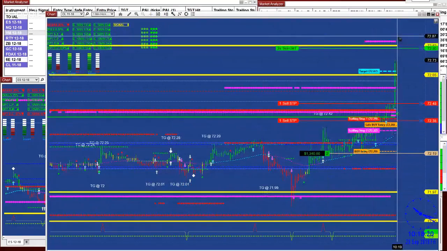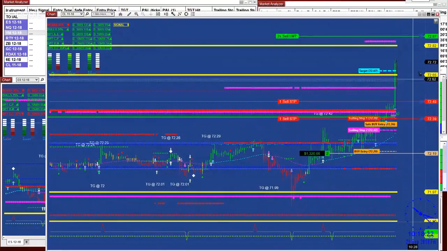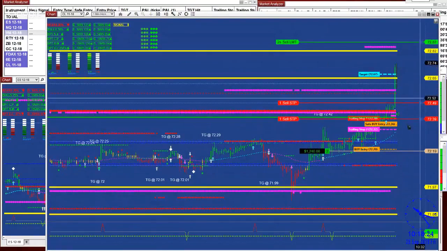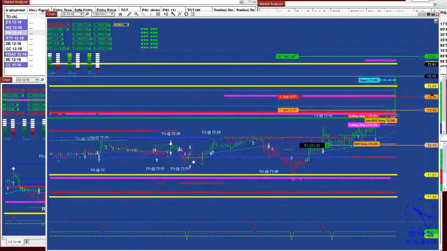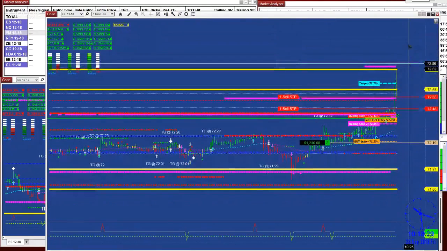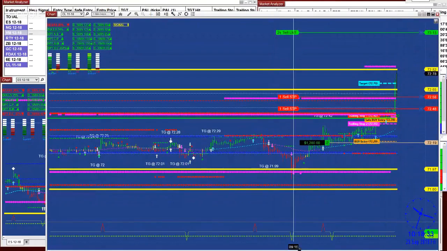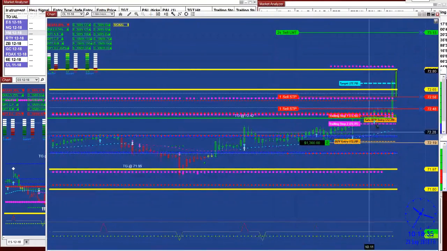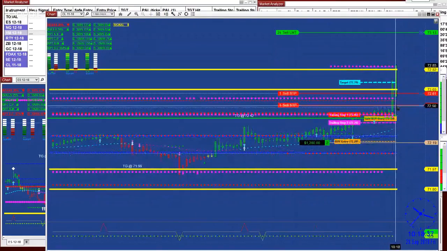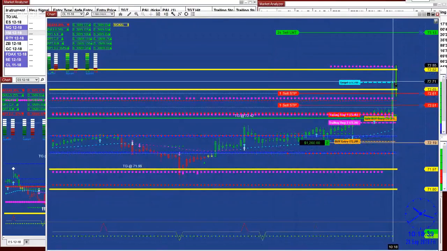Have any of you seen a chart on 1 minute with a bar that long?